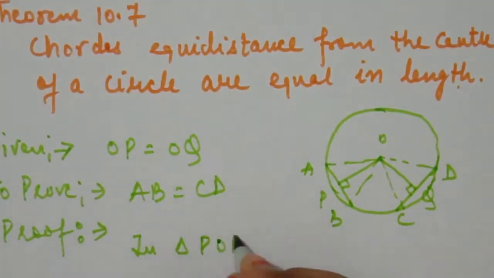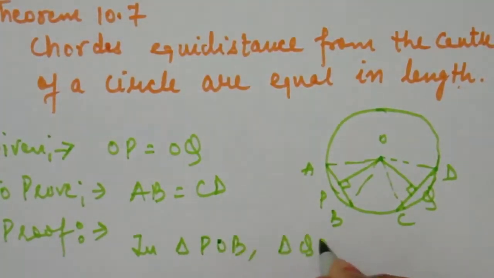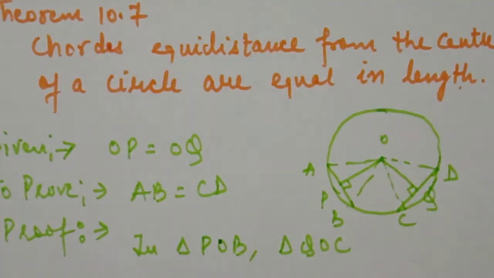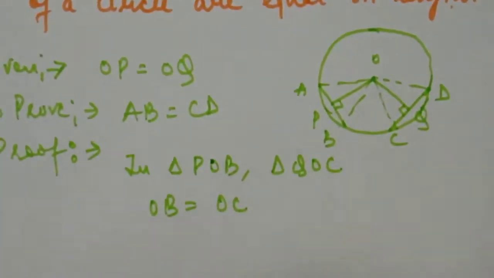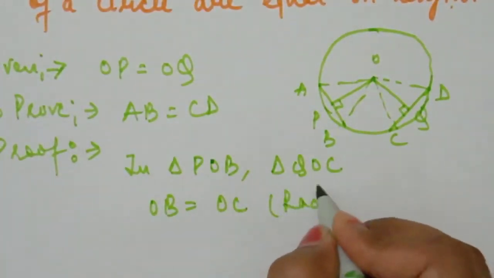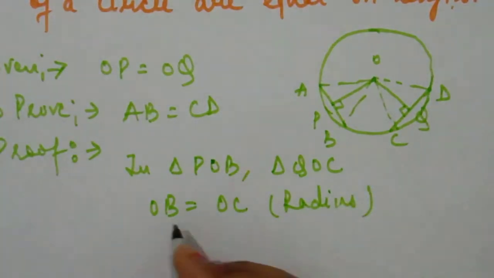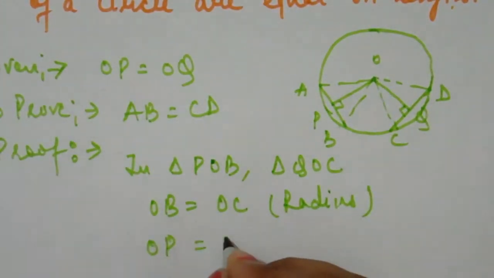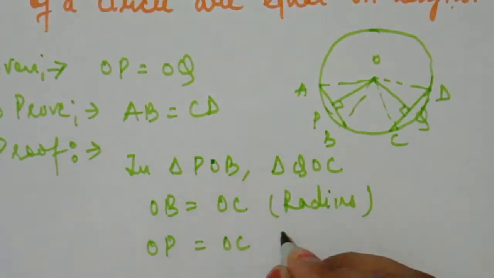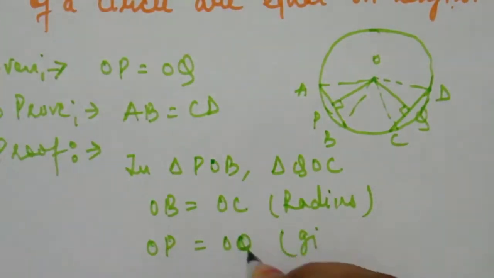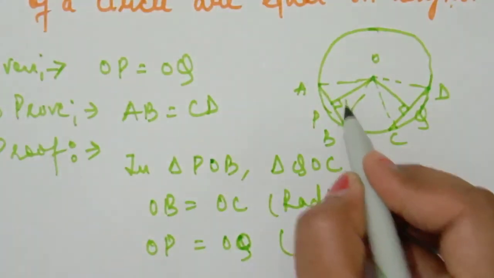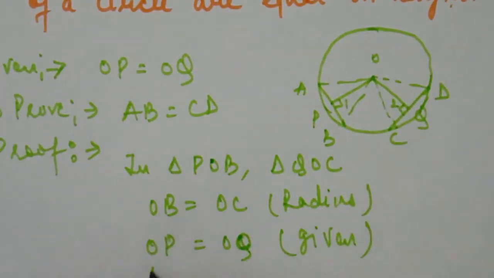So triangle POB and triangle QOC. Now we need three elements. First of all, OB is equal to OC, radius of circle, and OP is equal to OQ, given, and angle 1 and angle 2. Angle 1 is equal to angle 2, each 90 degrees.